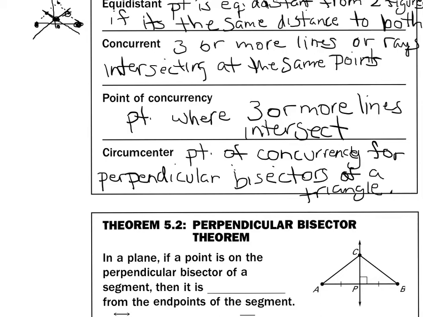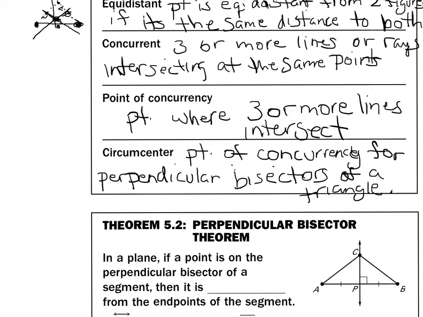Now, things can have a point of concurrency and not be a circumcenter. To be a circumcenter, I have to go back up here to my drawing again and put in that these are all perpendicular bisectors. Then I could call that point in the middle not just a point of concurrency, but I could call it the circumcenter.